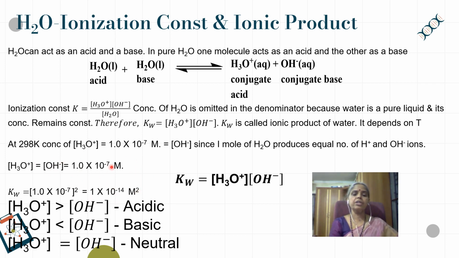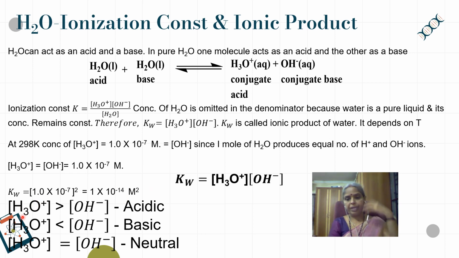So 1.0 × 10^-14 M² is the ionic product of water at room temperature. At room temperature, Kw is equal to 1.0 × 10^-14 M².